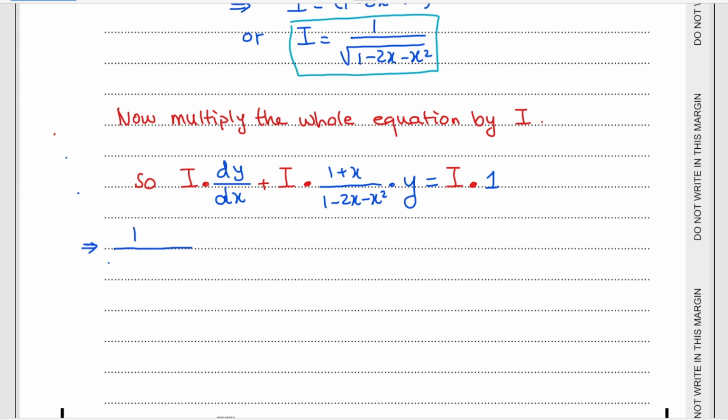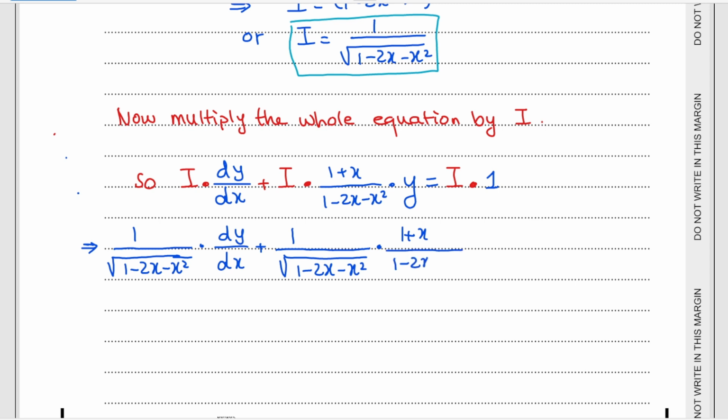This implies that 1/√(1 - 2x - x²) times dy/dx plus 1/√(1 - 2x - x²) times (1 + x)/(1 - 2x - x²) times y equals I, and this is 1/√(1 - 2x - x²).